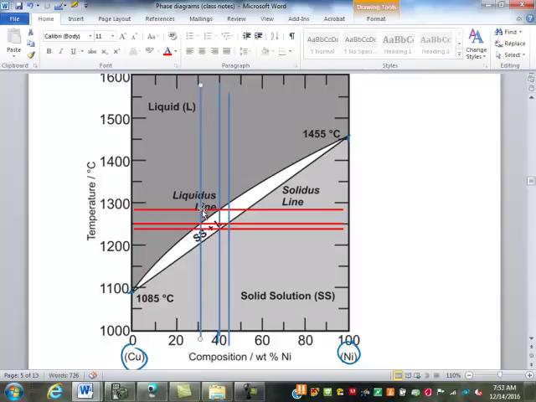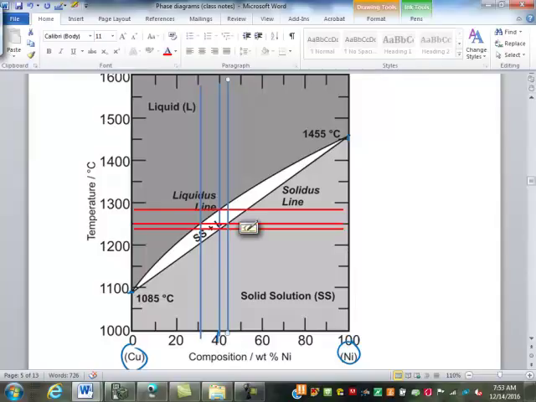This is going to be the liquid portion of it. The liquid portion, you can see here, is only going to be like 31% nickel and 69% copper. Over here on this boundary, see where's the 1200? So it crosses right about there. That's going to be, what, about 44% nickel? So 56% copper? Do you see what I'm saying?